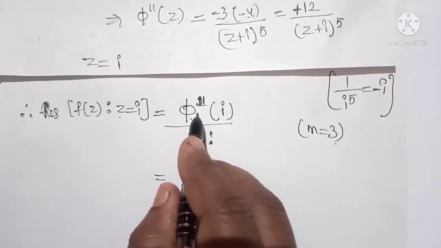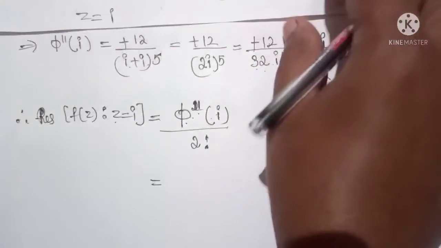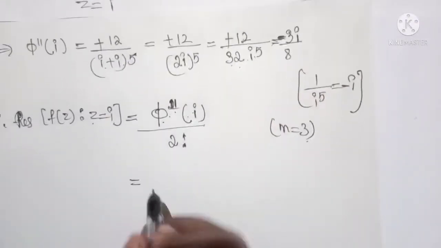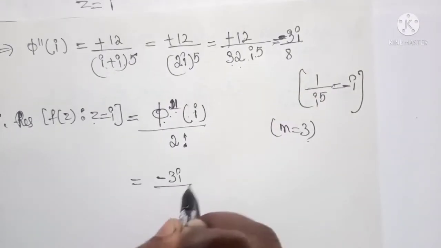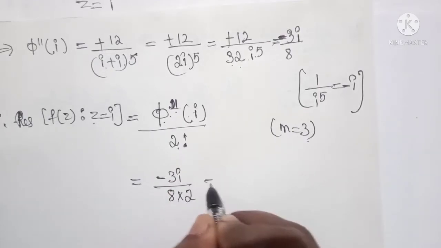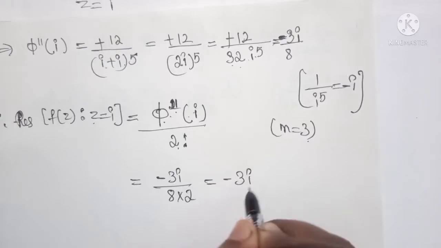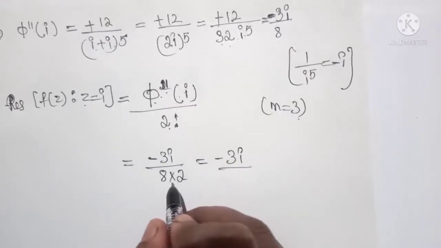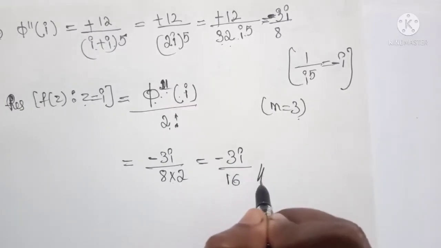So we got minus 3i divided by 8 into 2 factorial. 2 factorial is 2, which equals minus 3i divided by 16. So this is the final answer.